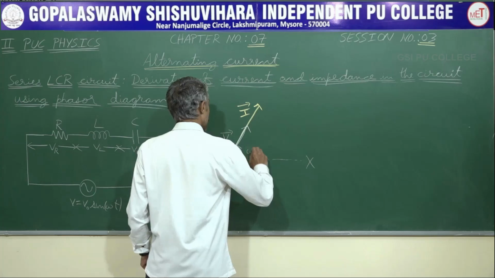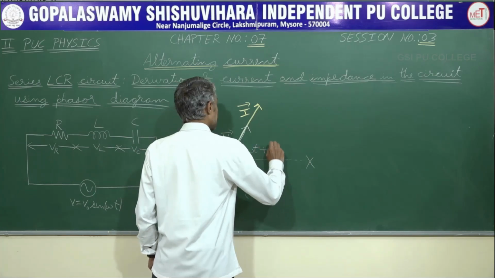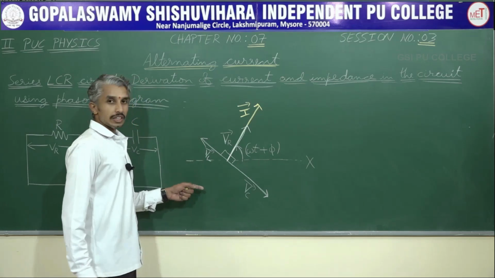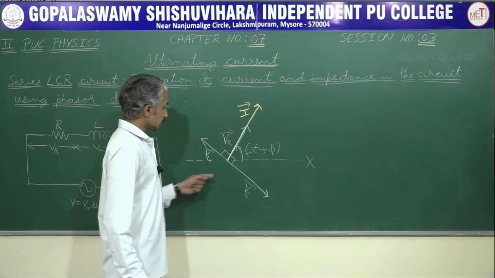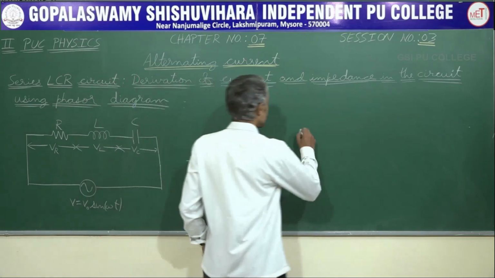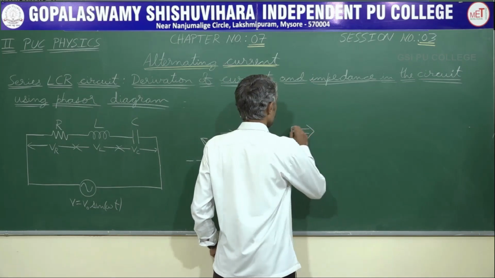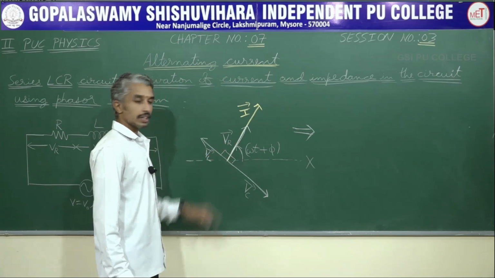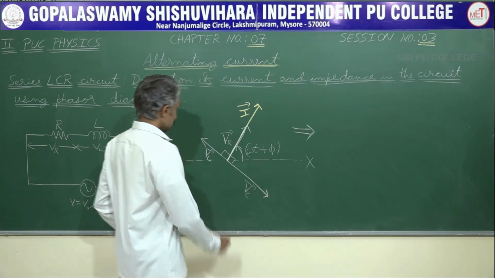And this angle can be taken as omega t plus phi. Using vector addition, we can further simplify this.